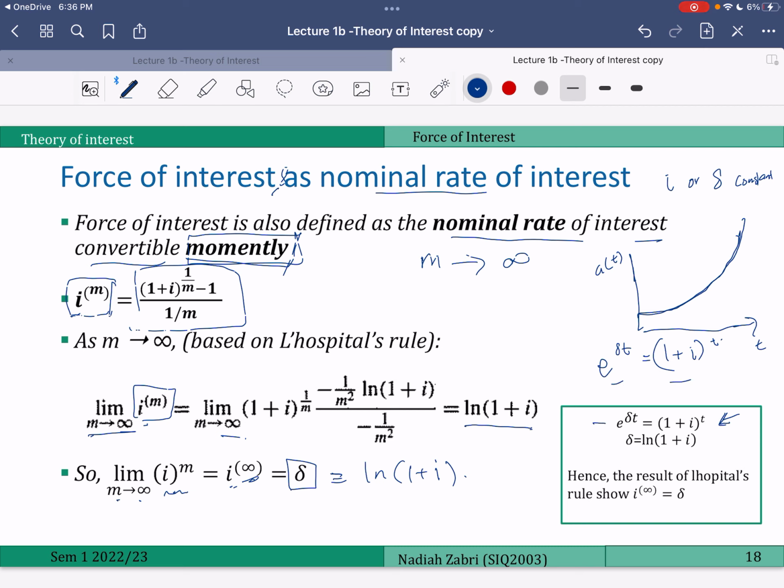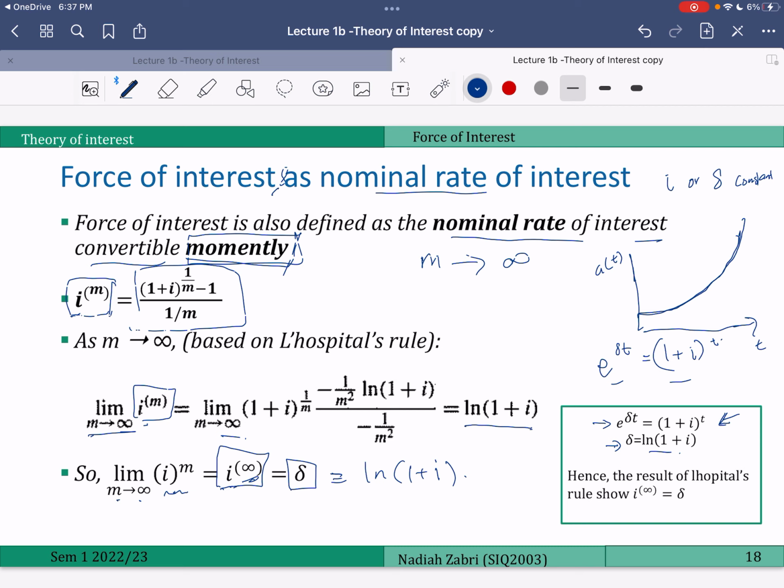Knowing this, if we rearrange, you will get delta equals ln(1 plus i). And we know that the limit of i upper m as m approaches infinity is also ln(1 plus i).